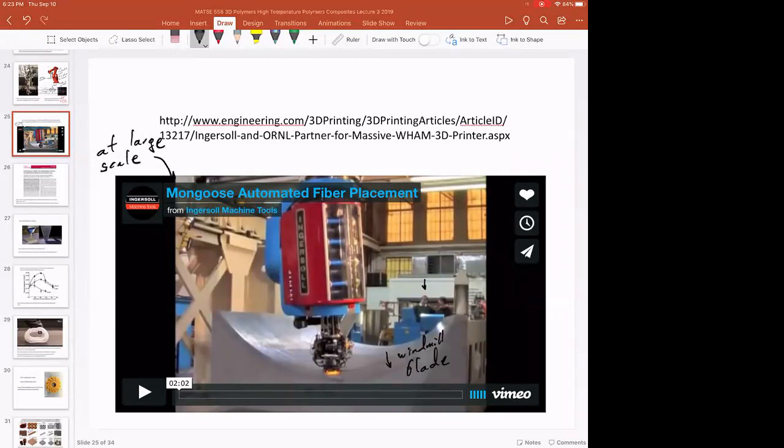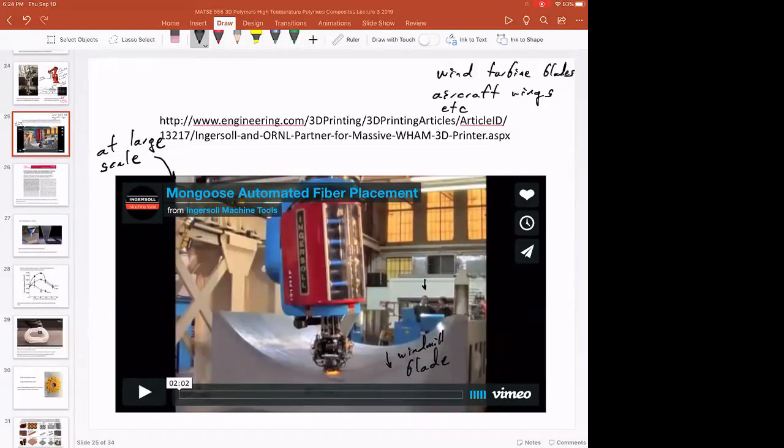So if you need wind turbine blades, aircraft wings, etc. If you need big stuff, this is the type of machine that they're working on now.